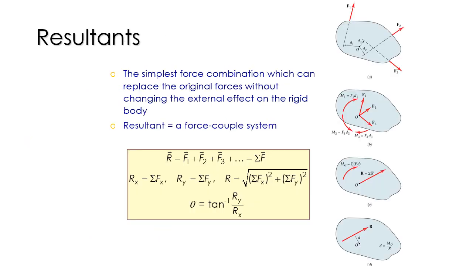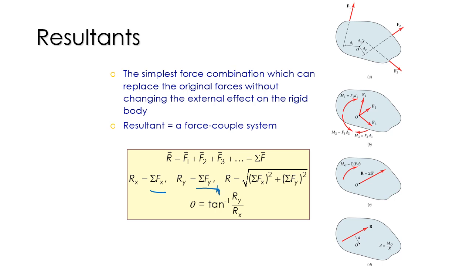So for resultants, this is the simplest force combination which can replace the original forces without changing the external effect on a rigid body. So the resultant is equal to a force-couple system. To get the resultant for a 2D system, the resultant x is equal to the summation of forces along x, and the resultant y is equal to the summation of forces along y.